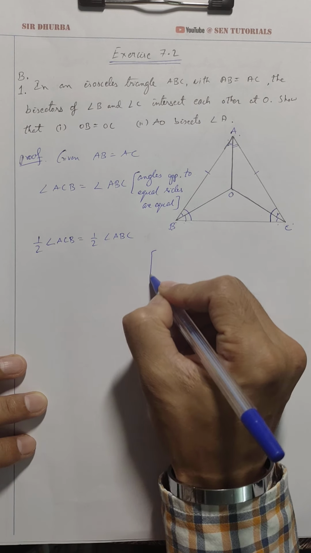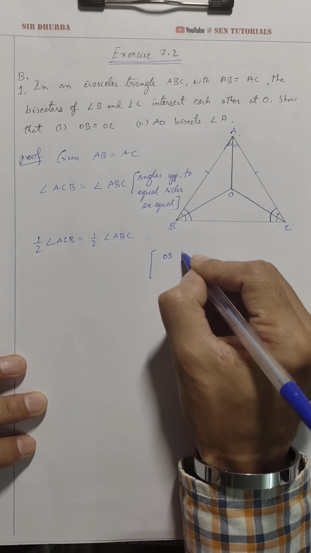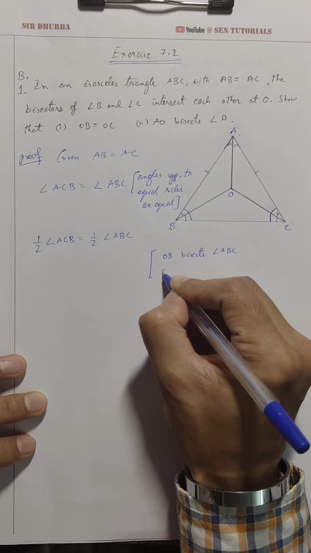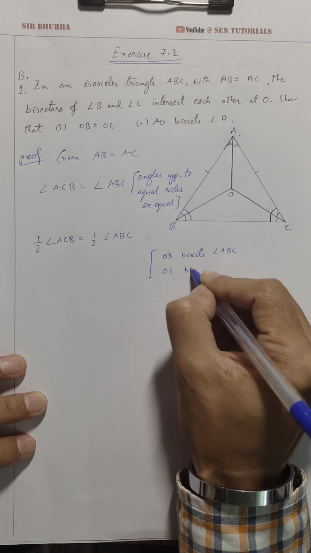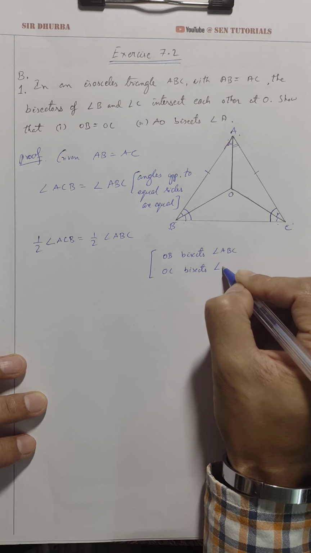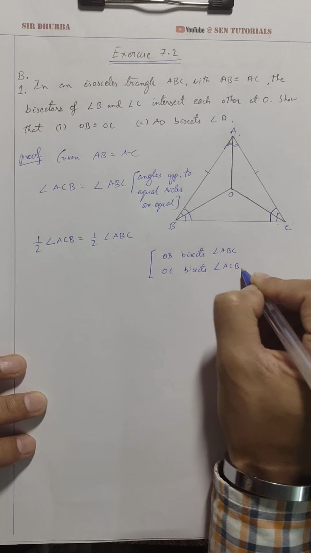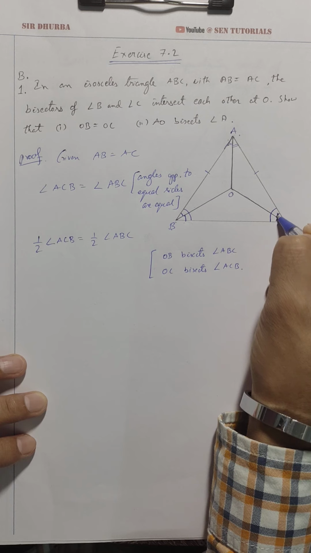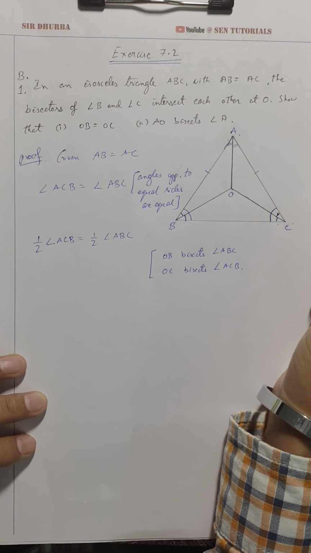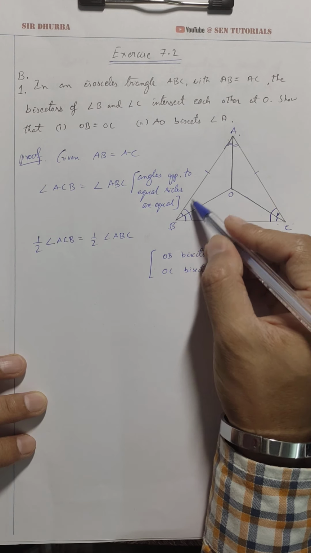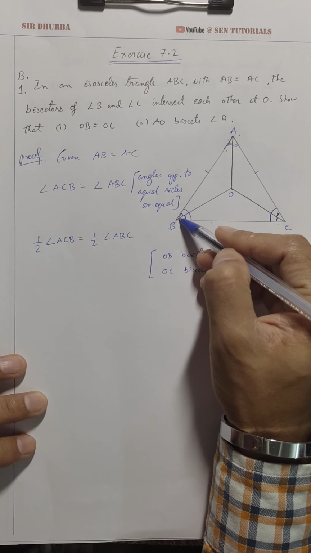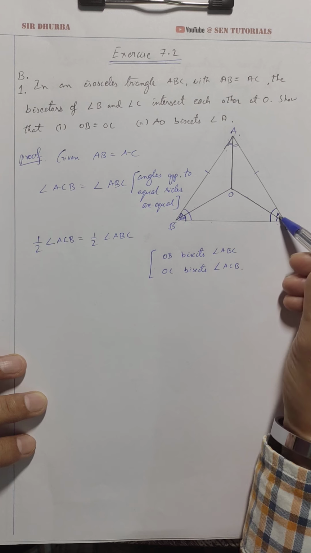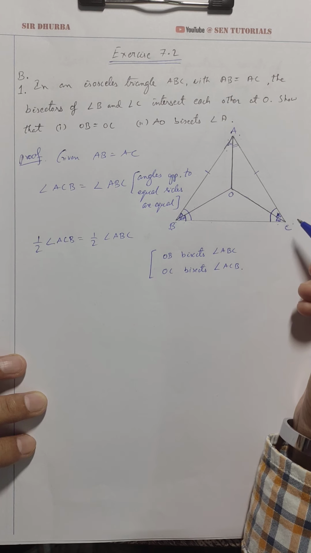Now you see OB bisects angle ABC and OC bisects angle ACB. That means these two angles are equal and these two angles are equal. So half of angle ABC means either this one or this one, because both angles are the same. Half of angle ACB means either this one or this one, because both are the same.